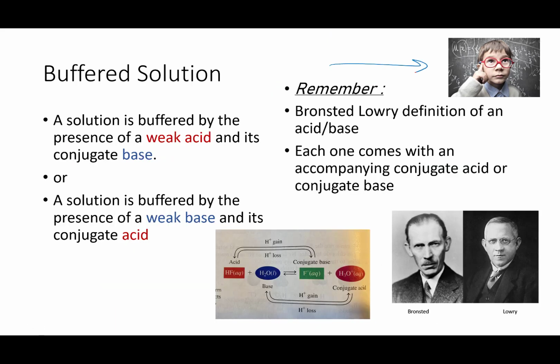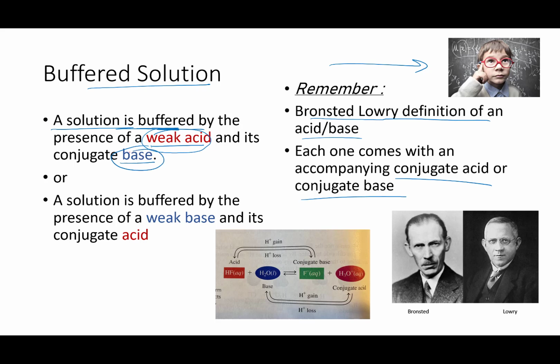Another thing that we've talked about in the past that we need to recall is the Bronsted-Lowry definition of an acid and a base. In the Bronsted-Lowry definition, you get a conjugate acid and a conjugate base created with every acid and base. So when you have a buffered solution, the solution is going to be buffered by the presence of a weak acid and its conjugate base.